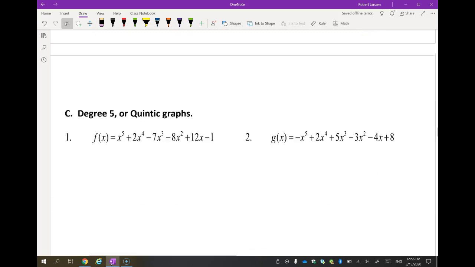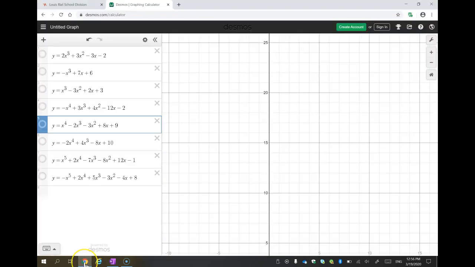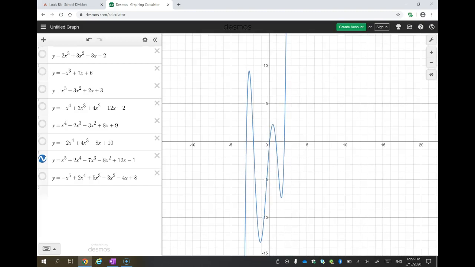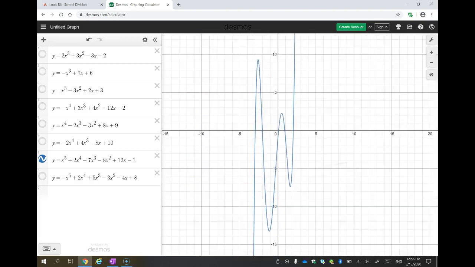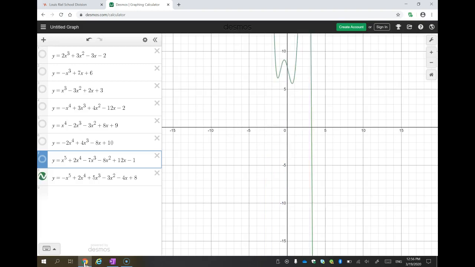Let's move on to the quintic graphs. Okay, quintic graphs. Here is 1. How many x-intercepts? Well, it has a power of 5. So, power of 5 means it could have 5 x-intercepts. This one does. Okay? If you look at the next one, power of 5, this one only has 1 x-intercept.